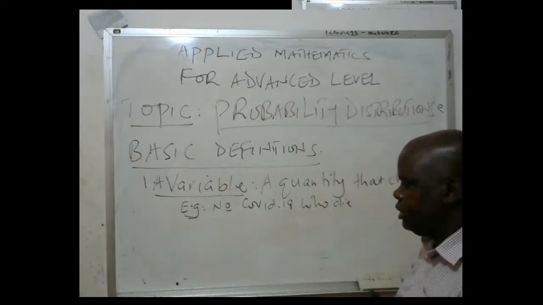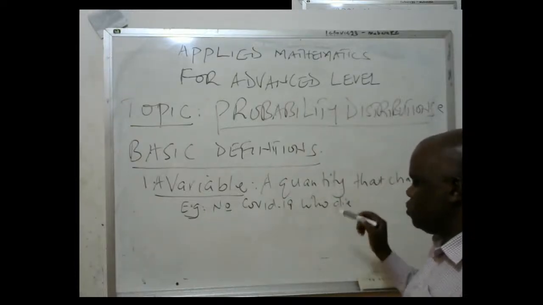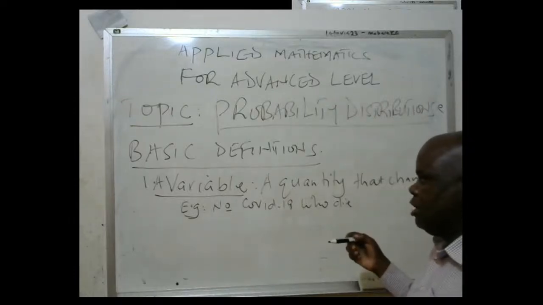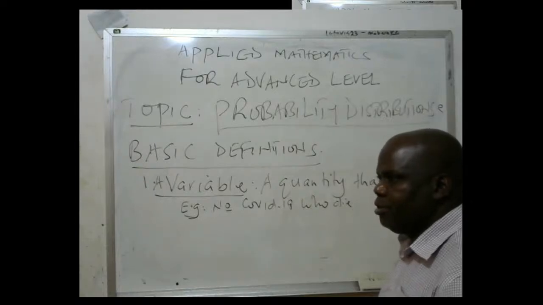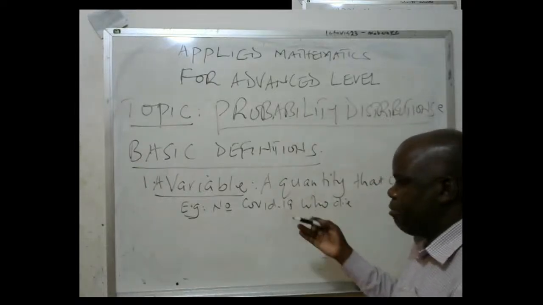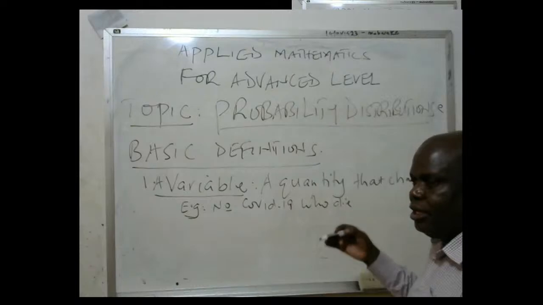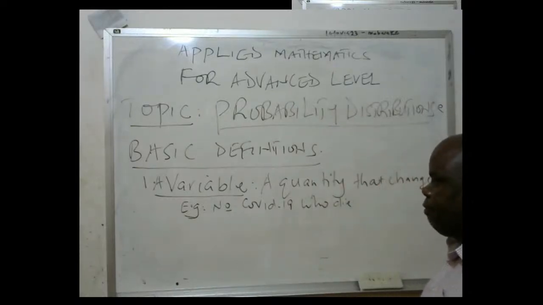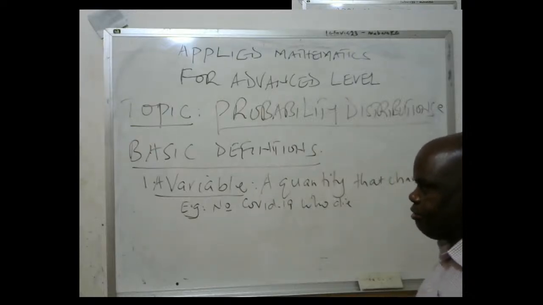So it's a quantity. Last time we were talking about 20 people, now we're talking about 50 per day. That quantity is keeping on changing. That's one. A quantity which keeps on changing is a variable.